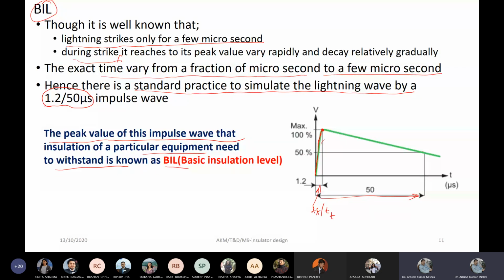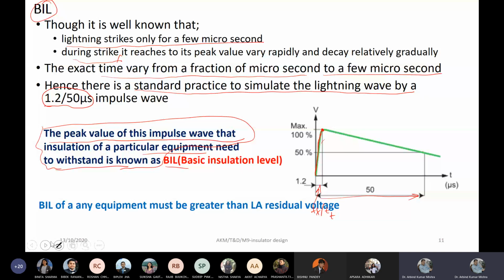As I told you just before this, the insulation level of any equipment must be greater than the residual voltage of the lightning arrestor. This is just the definition of that voltage characteristic. So the BIL of any insulator to be protected must be greater than the lightning arrestor's residual voltage.